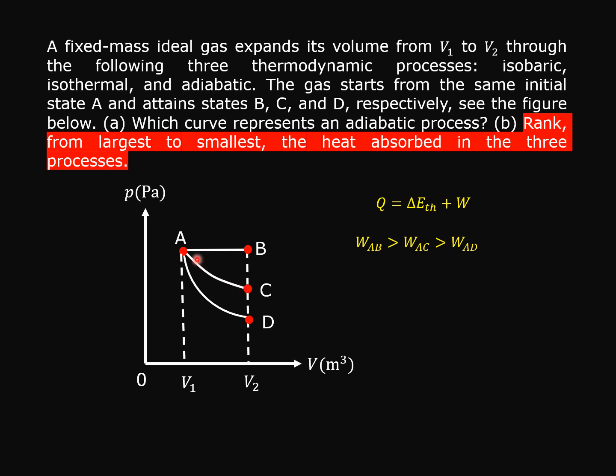From A to C, which is isothermal, this is the area under the graph. And from A to D, this is the area under the graph for the adiabatic process. Therefore, the work done from A to B is the largest, followed by the work done from A to C, and the smallest is the work done from A to D.